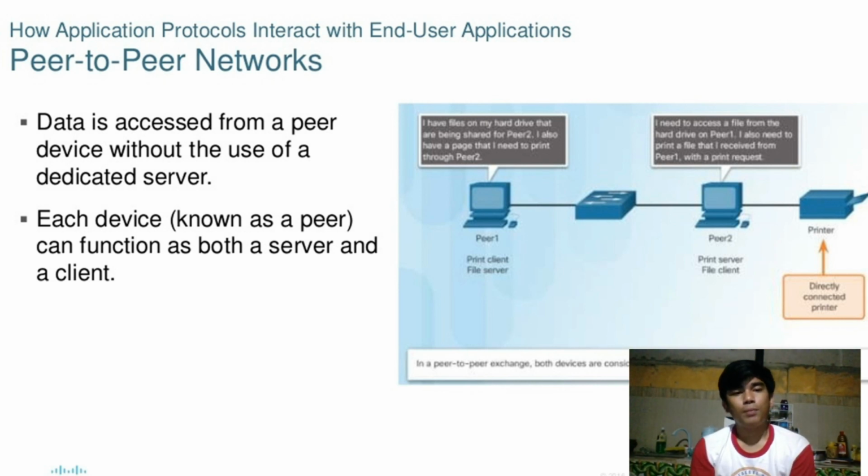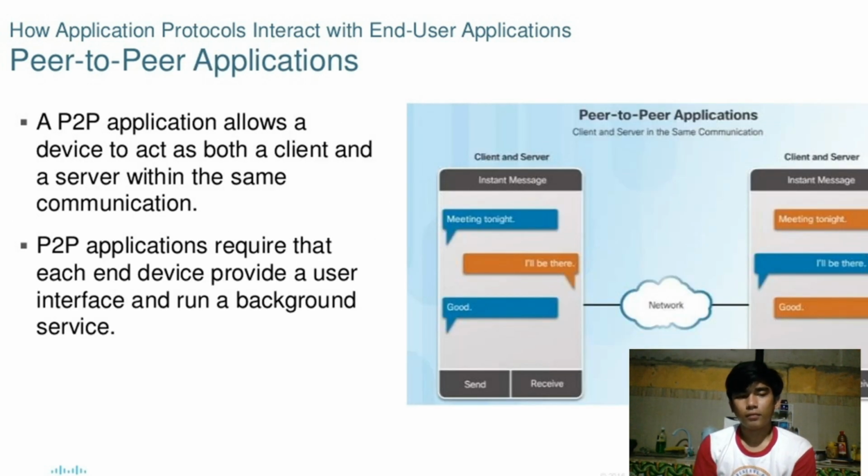In a peer-to-peer network, data is accessed from a peer device without the use of a dedicated server. Each device, known as a peer, can function as both a server and a client. A P2P application allows two devices to act as both a client and a server within the same communication.